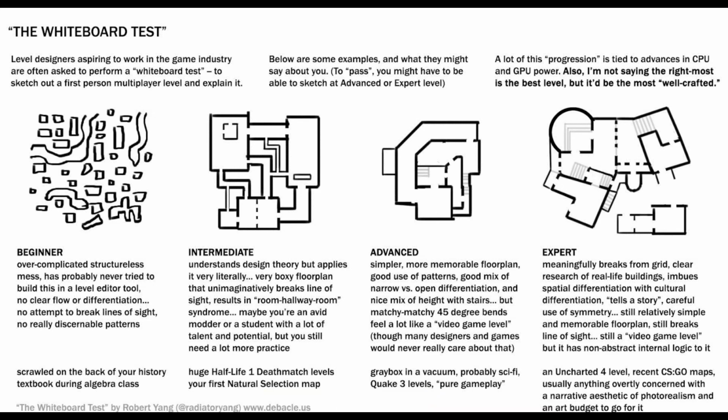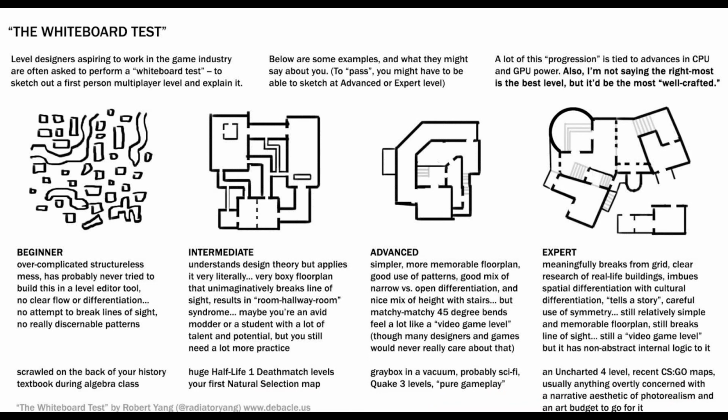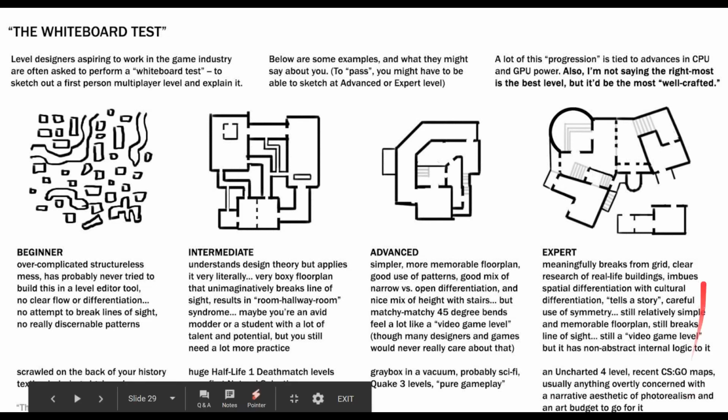A lot of the Halo levels you could fit into here, the earlier games, and then moving up to CS:GO, Uncharted. Some of the more recent shooters, really complicated and complex structures, are really starting to push into that next category. So a really good test, just on one slide, to see the progression of your level from one stage to the next.